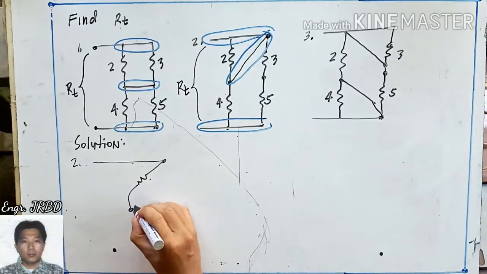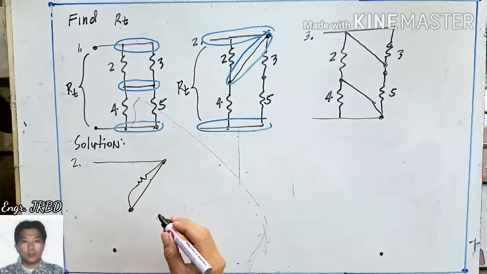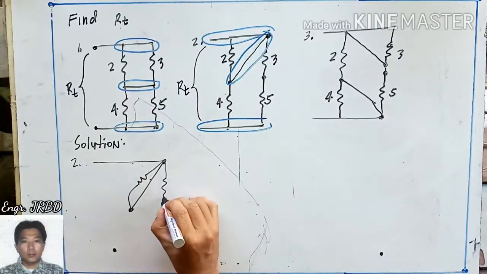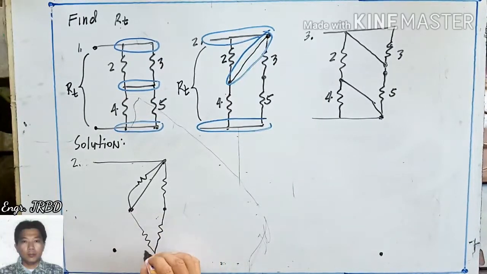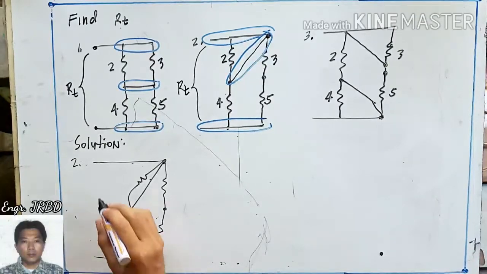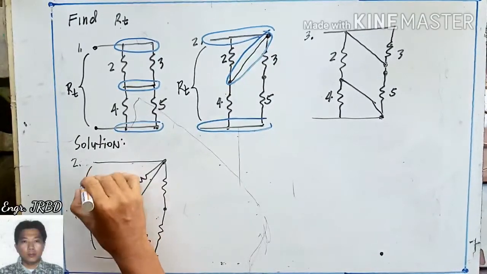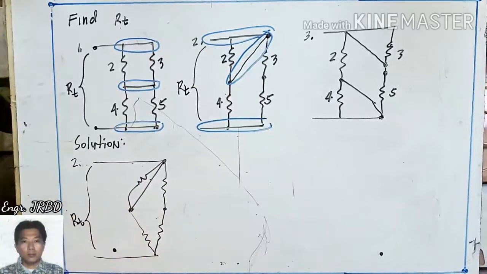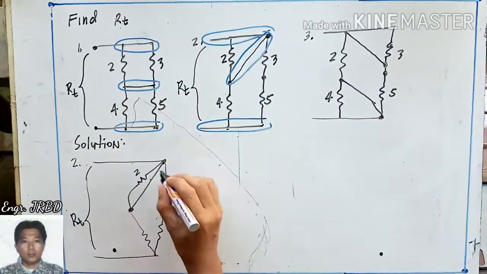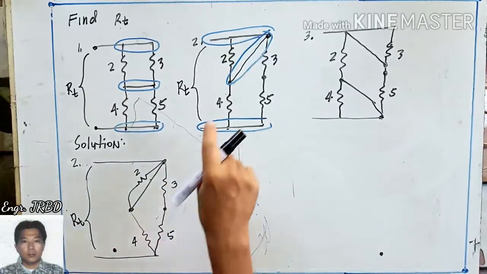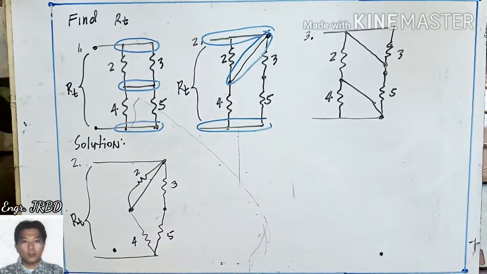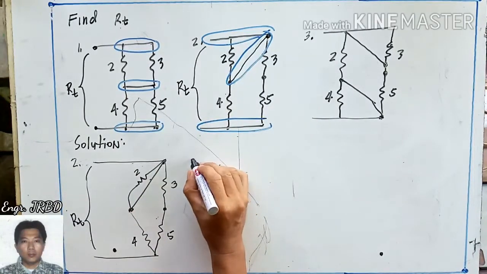This will be your 2 ohms, 3 ohms, 4 and 5. So if this particular part is short-circuited, you try to redraw it again.